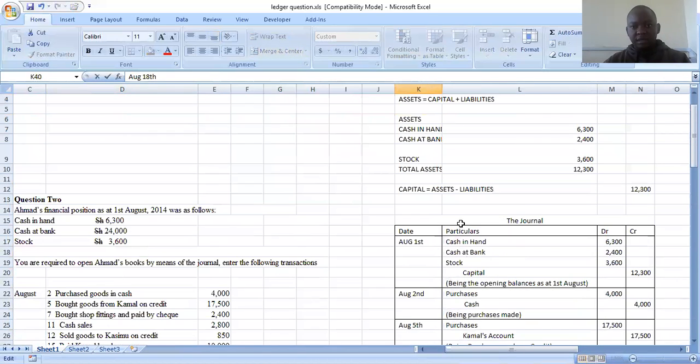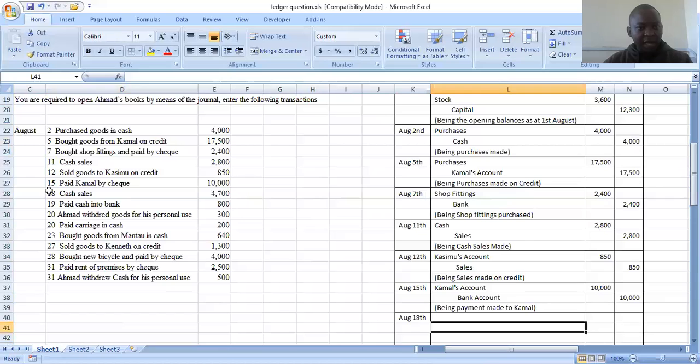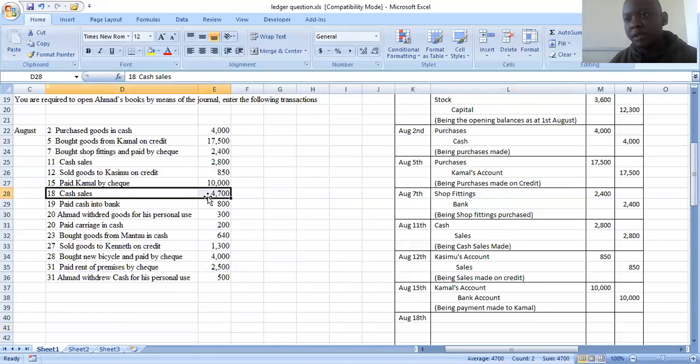So the first question, which two accounts have been affected? The two accounts here are the cash account and the sales account. So it's sold goods, received cash. The second question, what type of accounts are they? Cash is an asset, sales is a revenue.